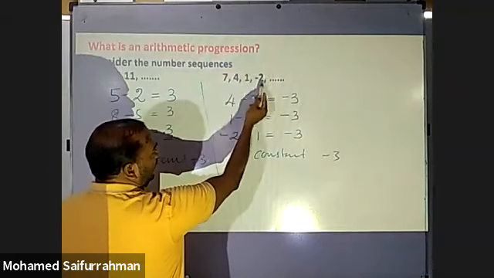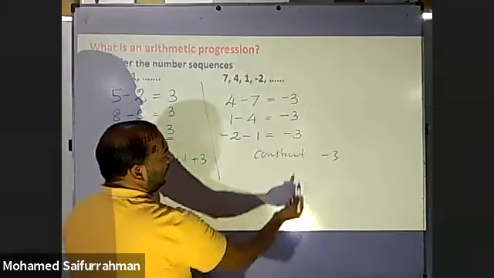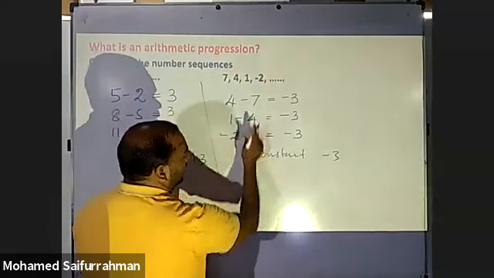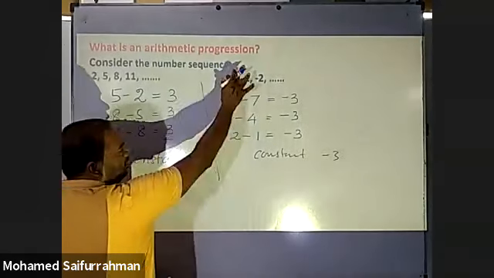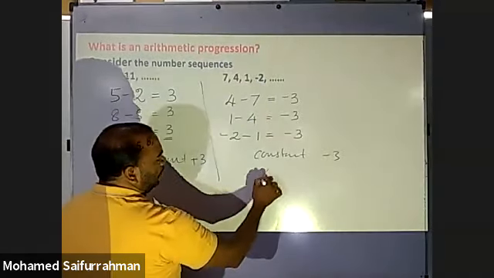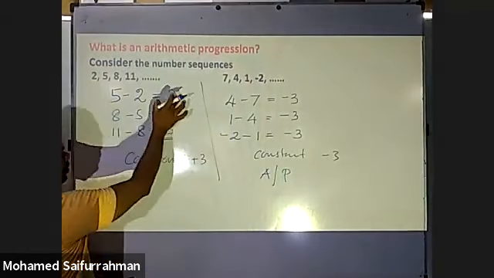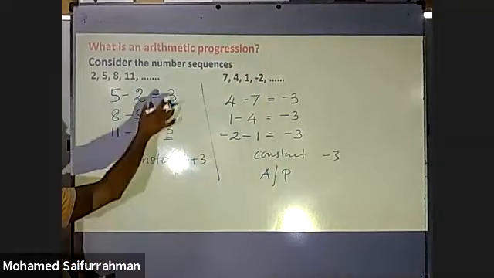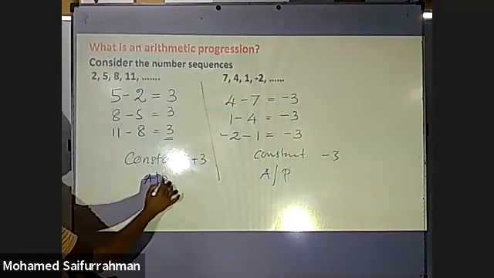If the difference is constant, everywhere the same answer, then this is called an arithmetic progression. Here too, since the difference is the same, this is also called an arithmetic progression.